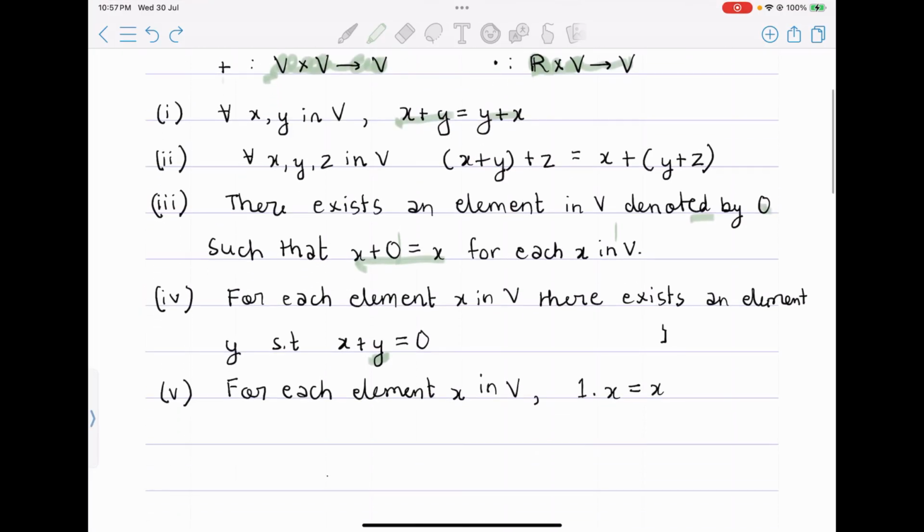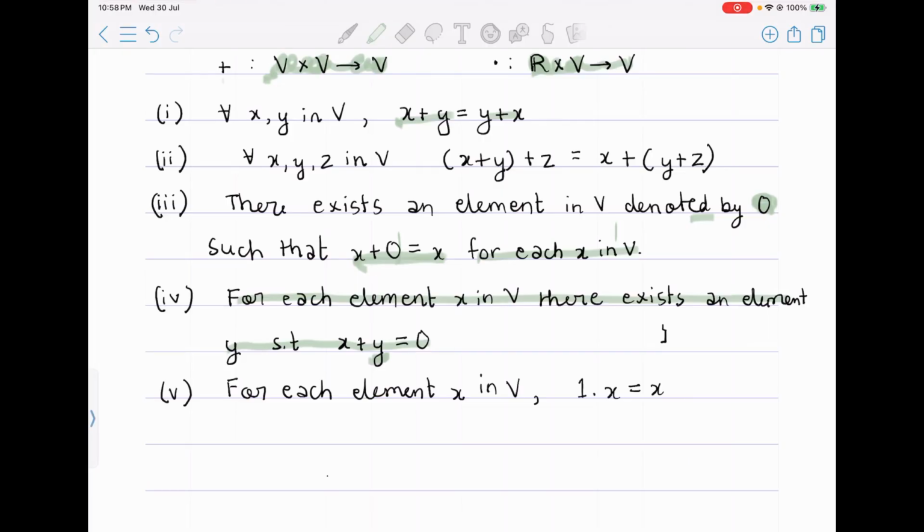Okay, so where were we? Now I am also saying there exists a certain element denoted by 0 such that x plus 0 is equal to x. This happens for each x in V. And for each element x in V, there exists an element y such that x plus y is equal to 0. This is called the additive inverse.